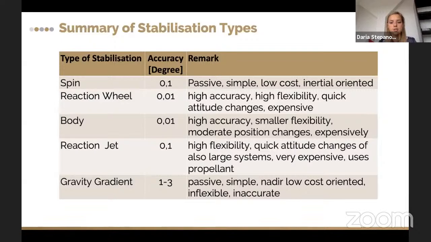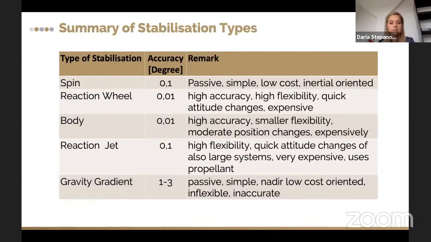Body stabilization doesn't have much flexibility. It can be accurate, but it's also expensive. Using the reaction jet, quick attitude changes of large systems can be done, but compared to the other types, it's absolutely expensive and mostly not used for small satellites.